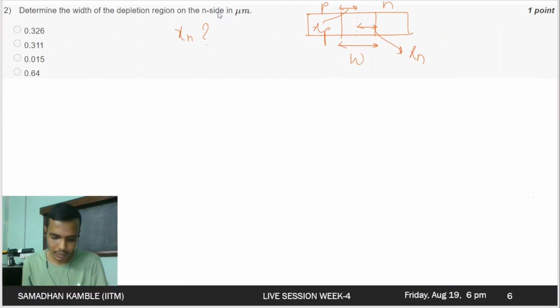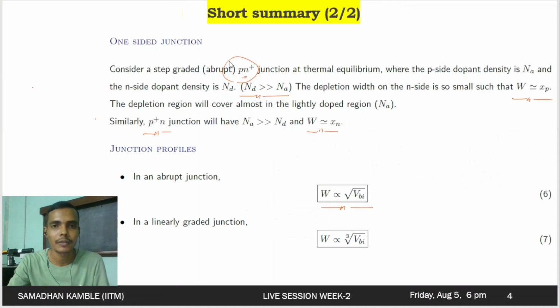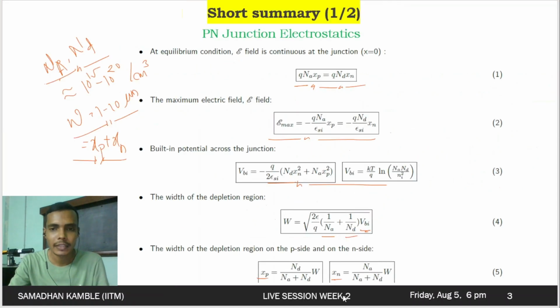Okay, so before that, we know that the value of xn from this formula depends on the doping concentrations as well as the total width. So let us first calculate the total width, and for that we can use this particular formula.